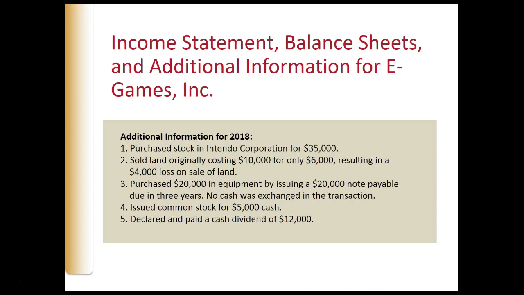Okay, so as we move on here, this slide's going to show us additional information in 2018 that's really important to our problem. We'll be referring to these slides as we prepare our statement of cash flows. We're going to have to reference this information as we go through this section.